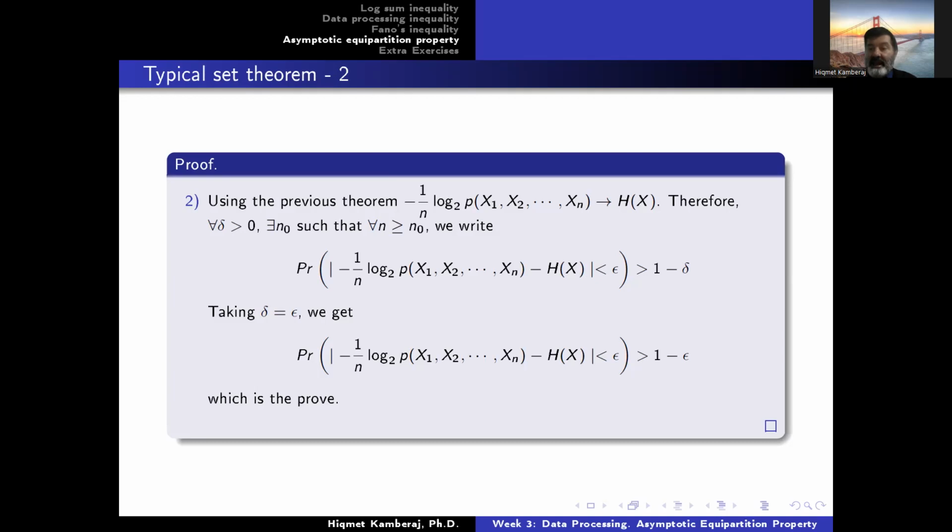Taking delta as epsilon, we get the probability that the absolute value of minus 1 over n log with base 2 of p of x1, x2, xn minus H of X is less than epsilon is greater than 1 minus epsilon, which is a proof of what we wanted to show.